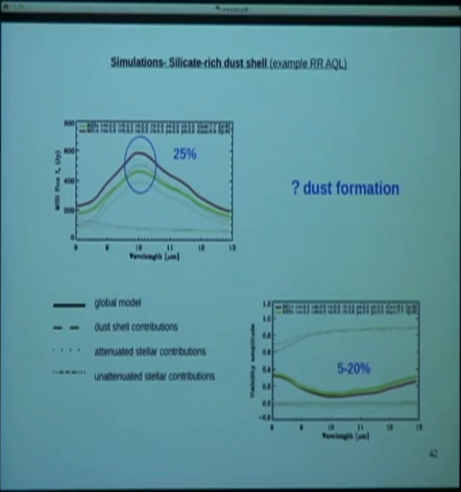This describes a star which has a silicate-rich dust shell and shows how it would look if there is dust formation. There are two models: one describing a phase close to the maximum of the cycle, and one closer to the minimum.